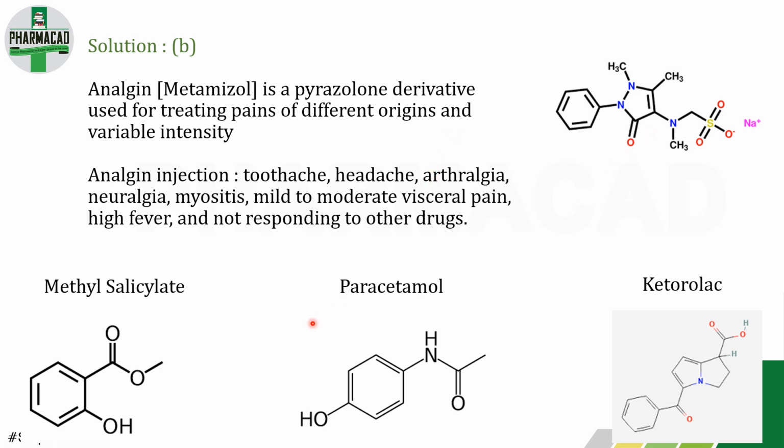We all know the structure of methyl salicylate. It has salicylic acid, and here we have the methyl group. Then we have paracetamol, the simplest structure of all. And then we have ketorolac, which has somewhat this bicyclic structure, and it does not have a pyrazolone ring. So the correct option is option B, that is analgin, whose synonym is metamizole.